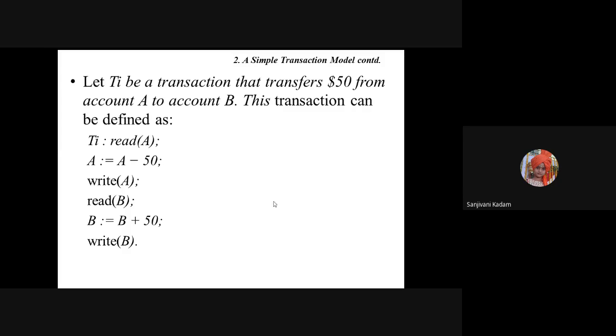Out of these statements, only write A and write B actually perform updates on the database. All the remaining operations are done in main memory, but write A and write B have an effect on the database. Please read this transaction once.